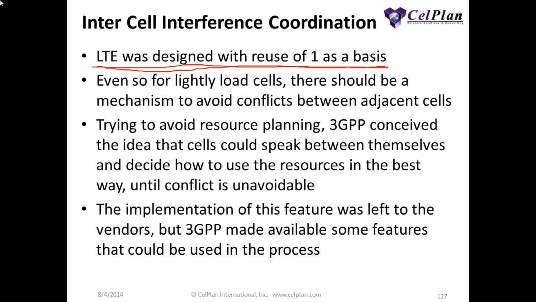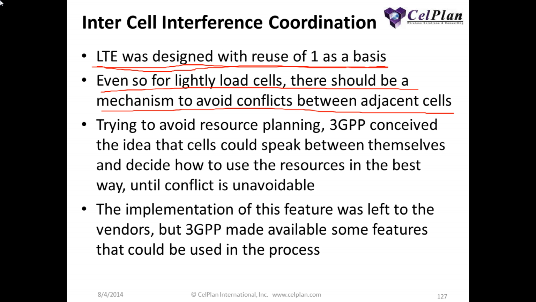Well, LTE was designed with the use of frequency reuse 1. So for light loads, ICIC can avoid conflicts between adjacent cells. But this can also be done with a start-stop scheduling, or a smart scheduling will give the same result. So ICIC does not have a major role here.